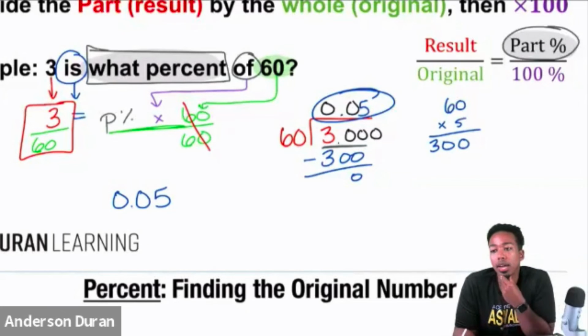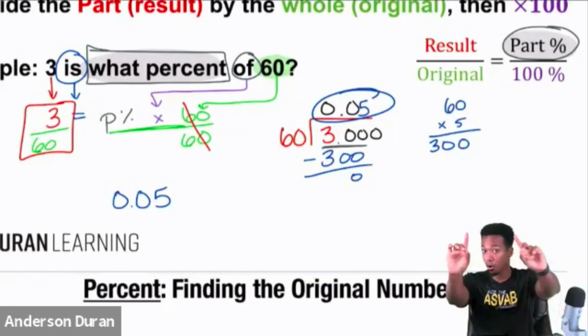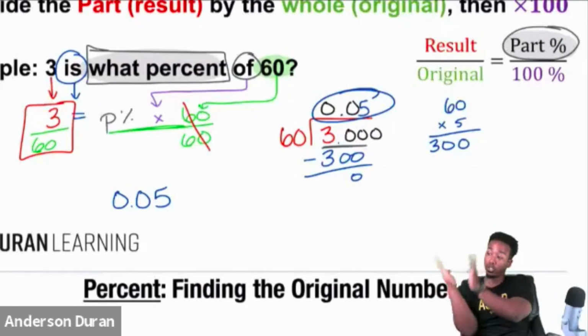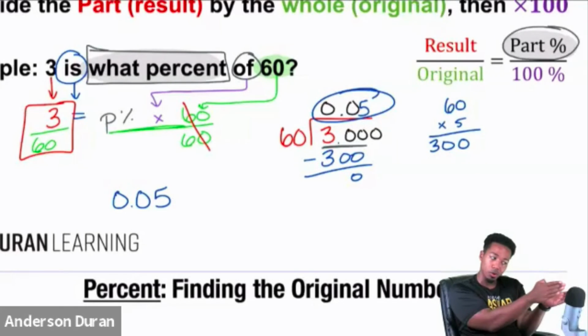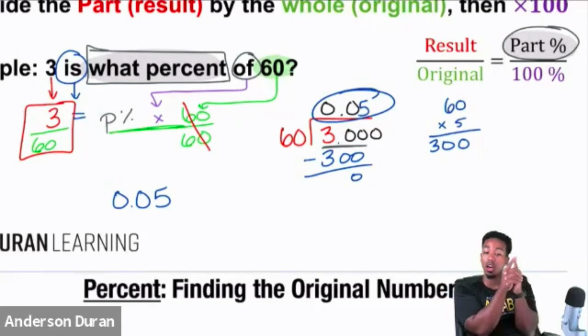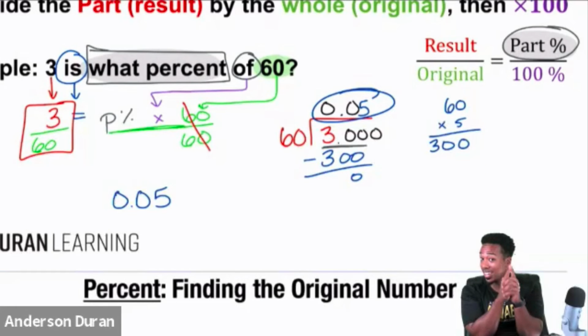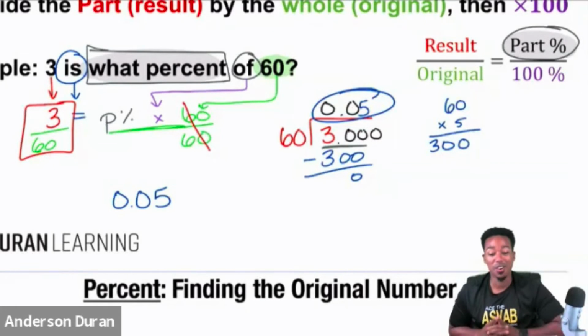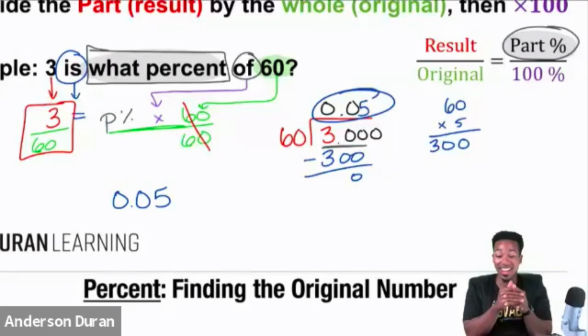Everybody, a lot of math is really just working backwards. The forward way to go from a percent to a decimal, we move the decimal 2 times to the what? Not right, it's to the left.